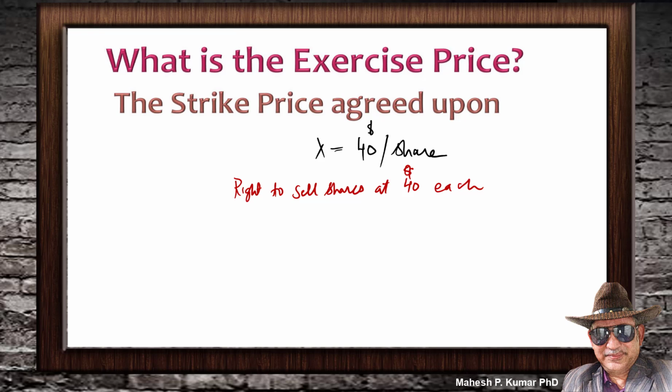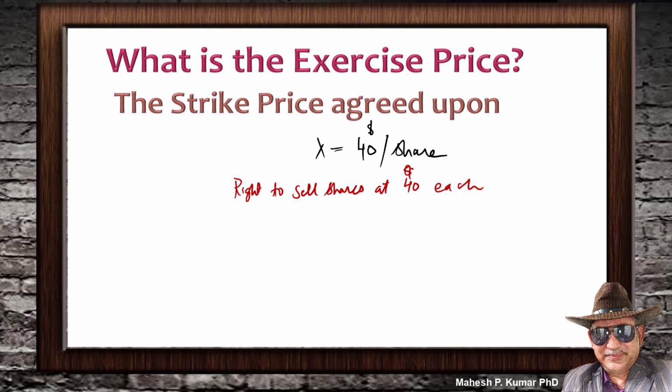So you are expecting that the share price would go down, so you can sell the share at $40 each. Maybe you can pick it up in the market at lower than 40 and then sell at 40. This way you will make the profit.